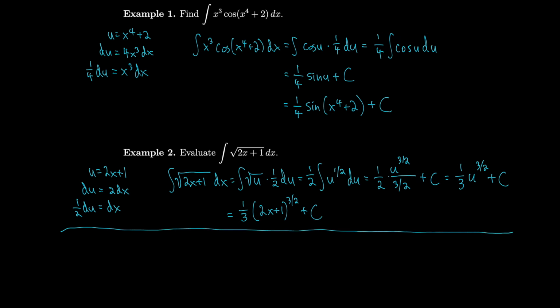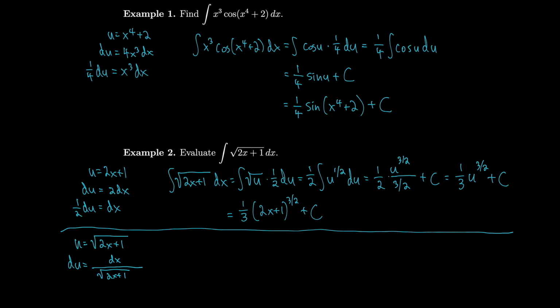What you could have said is let u equal the square root of 2x plus 1, in which case du becomes the derivative times dx, so that's dx over the square root of 2x plus 1, because the derivative is 1 over square root of 2x plus 1, and then we just put dx on top to save space.